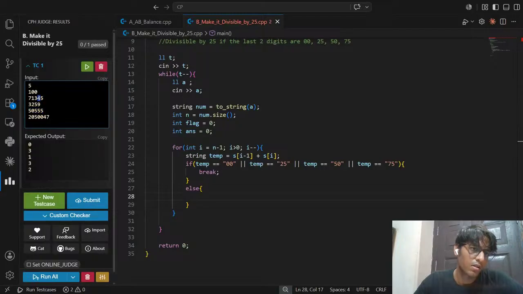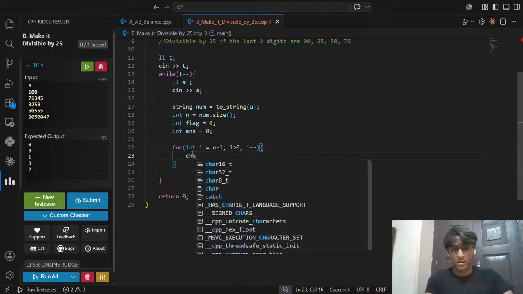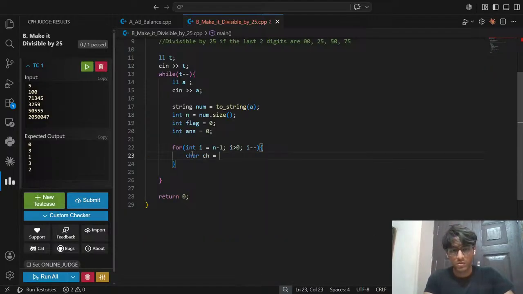But I have to reduce these three lines. Like I got a new idea. Let's see the cheapest.